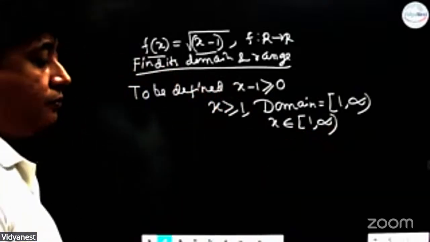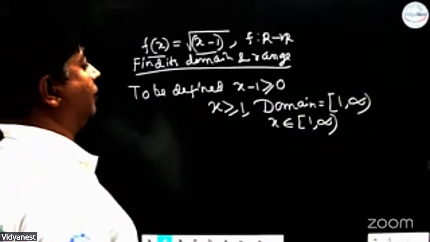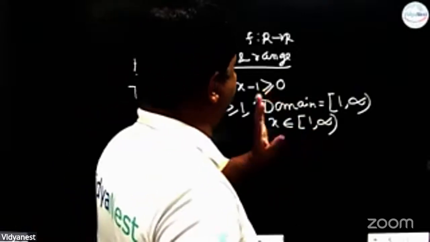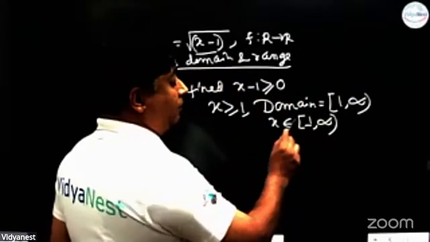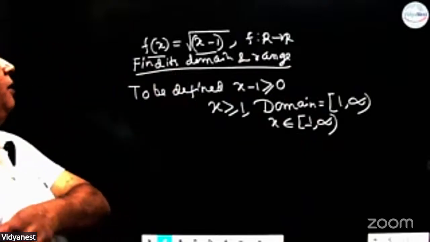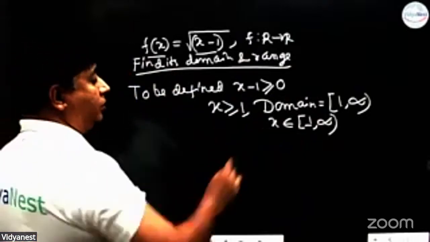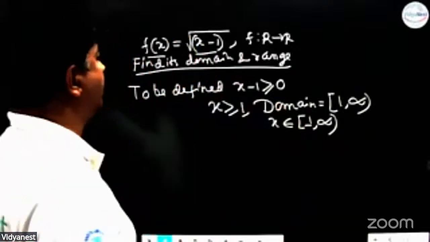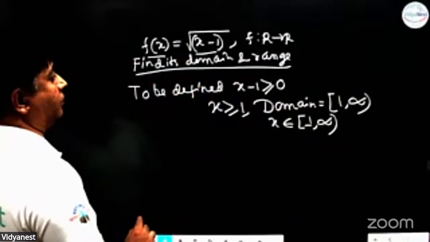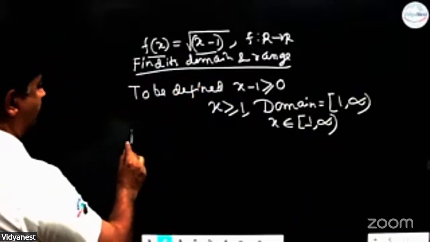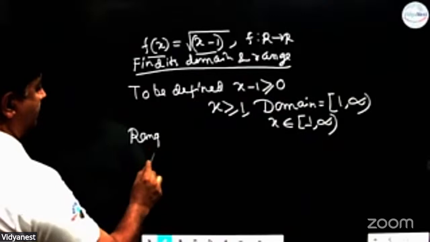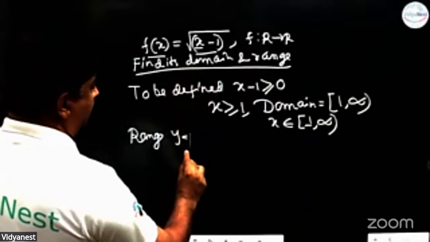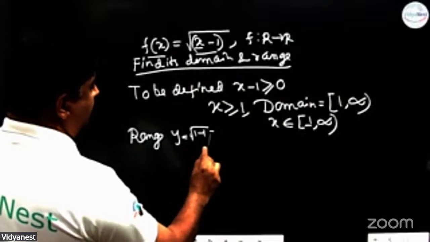Now, what is depicted in this domain? Minimum value of x is 1. So you choose that 1 and put it here. If you put 1, 1 minus 1 will be 0. So range, that is y, if I put 1, it will be 1 minus 1, 0.